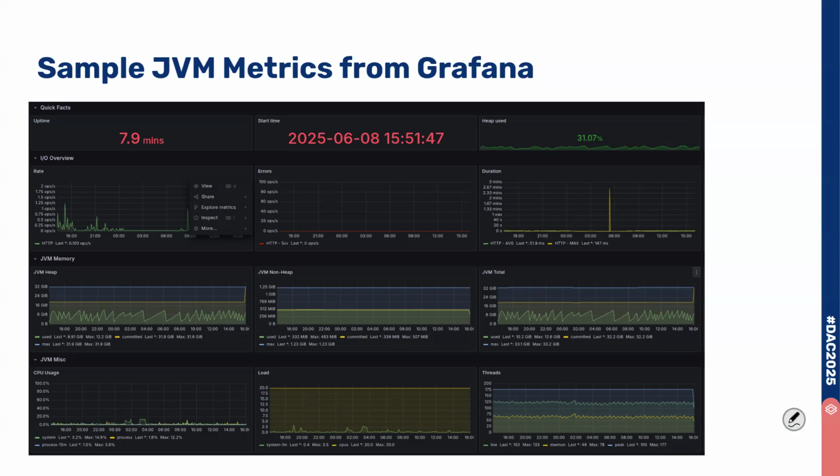Grafana, on the other hand, is simply a visualization tool. It has many different data sources, Prometheus being one of them. But Prometheus is the underlying database that can be used, and there are many other data sources that can be used with Grafana as well. Prometheus just takes a snapshot and says, what are all of these metrics at a particular point in time. So here we've got the number of threads.